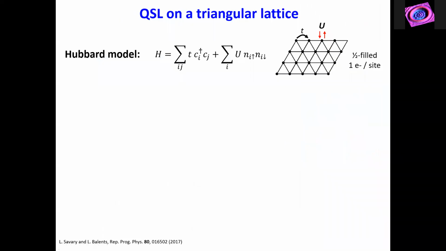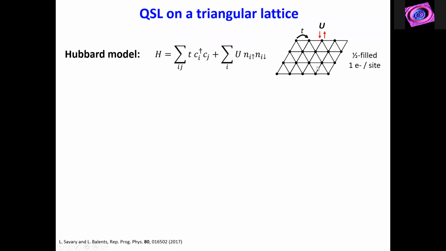Where would such a quantum spin liquid arise from? A way to think about it is first consider a triangular lattice and fill it half filled with electrons, one electron per site. Then we can model the electronic structure using the Hubbard model, where t is the hopping amplitude for an electron to hop from site to site, and U is the Coulomb repulsion, the energy of double occupancy.